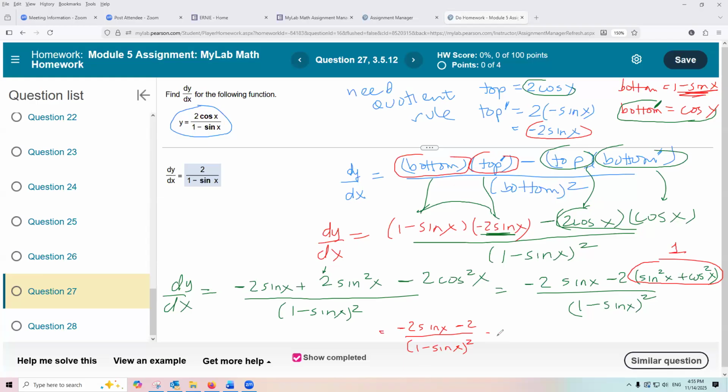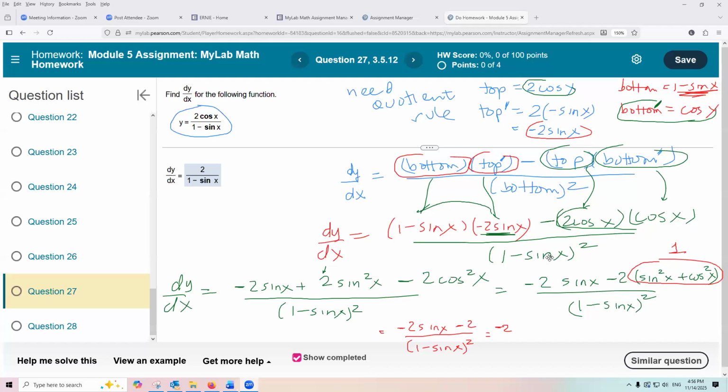All right, let me factor out a negative 2 from this, and we'll see if anything cancels out here. Folks, I just realized I made a small sign mistake. Let me go back and fix something.